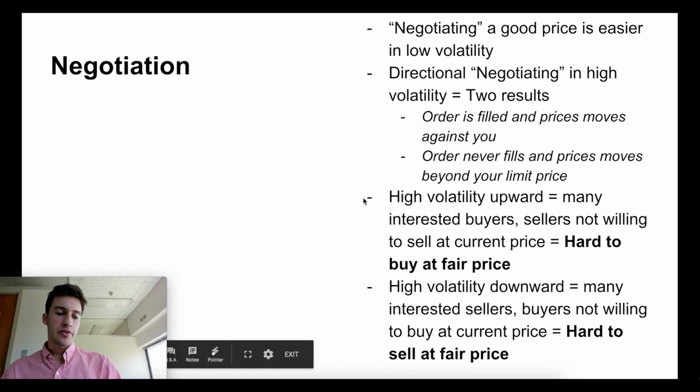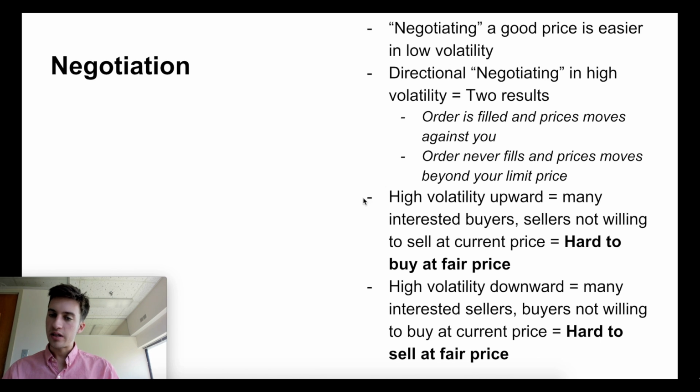I think a good way to think about getting your order filled and volatility is negotiation. Whenever you put a buy order or a sell order on the order book, you're negotiating with someone opposite you. So if I'm trying to buy, I need to negotiate with someone to try to market sell to me. This is happening on the order book with lots of transactions going on per second. But really, it's the same kind of theory that we would have negotiating at a street vendor or negotiating in a business deal.